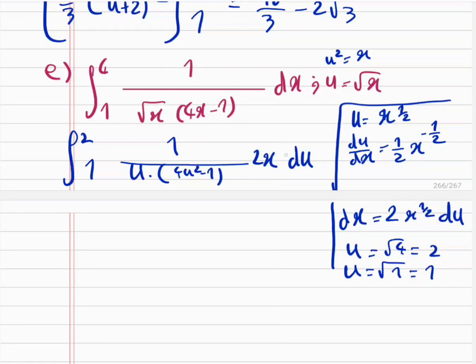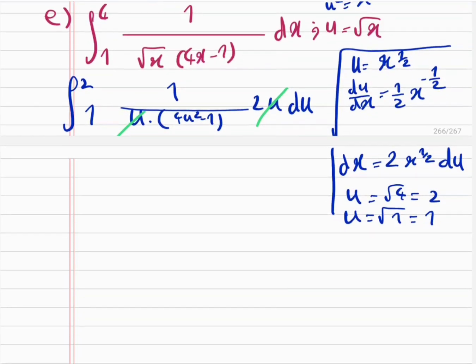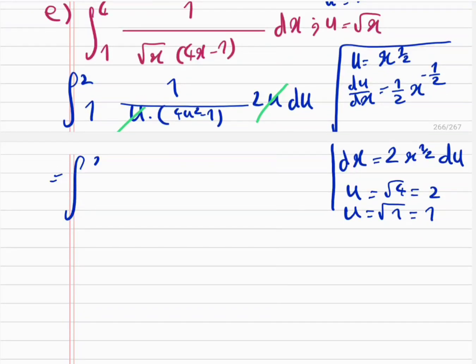Again, remember that x to the power half is just u, so we rewrite this as 2u du, and this u cancels out with this u, so we have 2 over 4u squared minus 1 du.